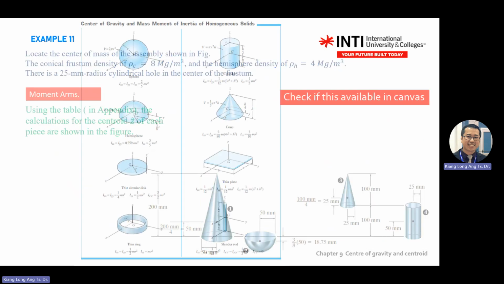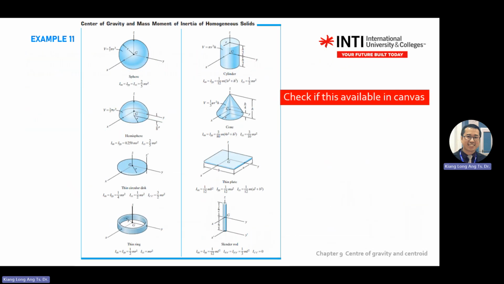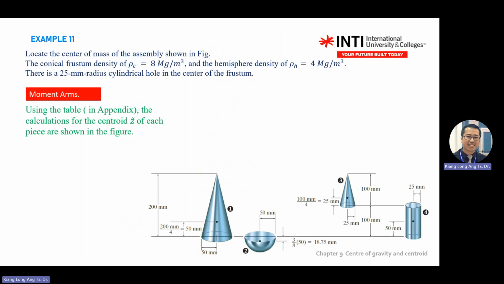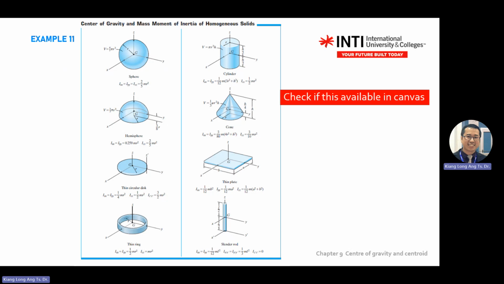Build the table. This one, I should have shown you earlier. This one is the solid object. So these are the centers, G means centroid. For example, this shape is this one. So you're having this one, Y is h divided by 4.